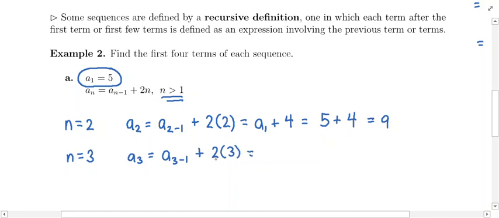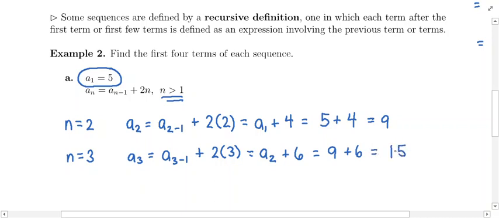Simplify: a with subscript 2, plus 2 times 3, which is 6. This is saying take a2, the second term, which is 9, and add 6. So the third term is going to be 15.